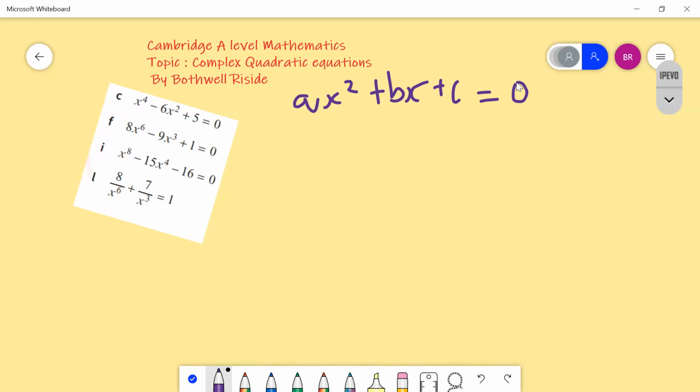This is the form of the equation that we know very well how to solve, because we know how to solve quadratic equations. We can use the quadratic formula.